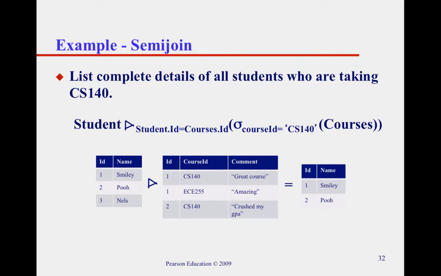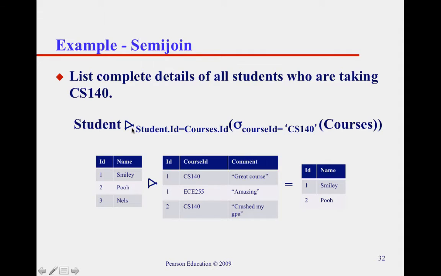Well, in order to figure out which students are taking 140, we have to look at the course relation. But we don't want any information from the course relation in the result. We only want information about the students. So that's a semi-join because we only want results from the student relation.